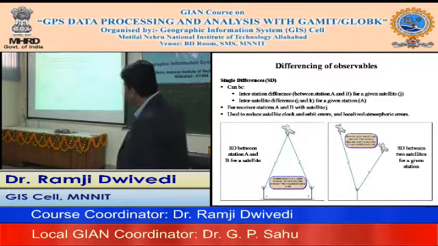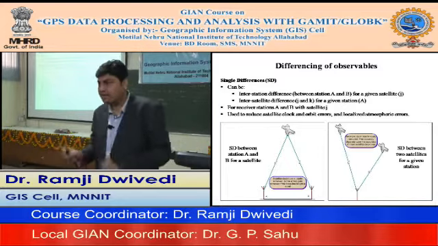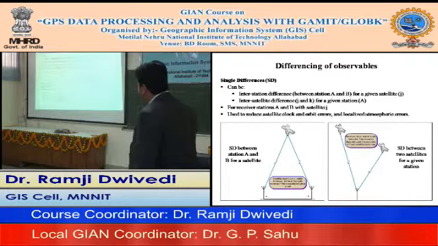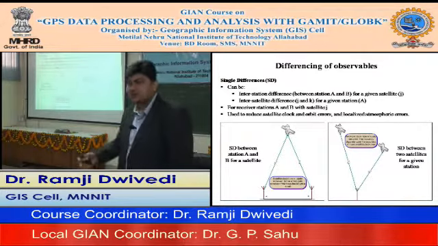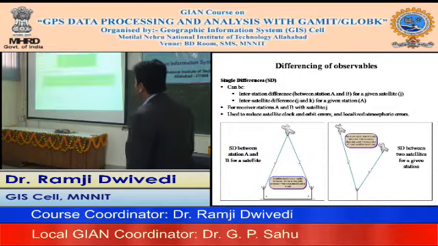If you difference this with this measurement, what is common at the satellite end gets cancelled out, and if you difference this with this, the terms at the receiver end get cancelled out. So it is beneficial at both ends.